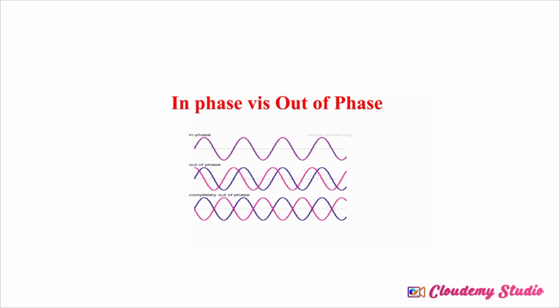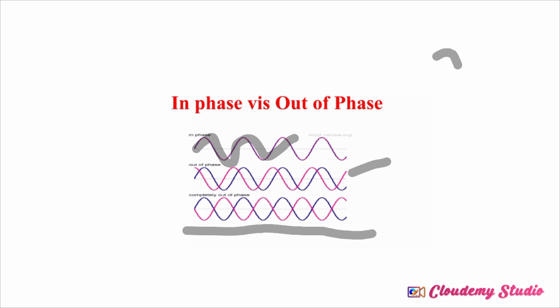You can see they are in phase, moving together. So out of phase is like this. You see they have the same frequency, the same number of cycles per second rather. But you can see here that they are completely out of phase. Exactly. So they are completely out of phase.